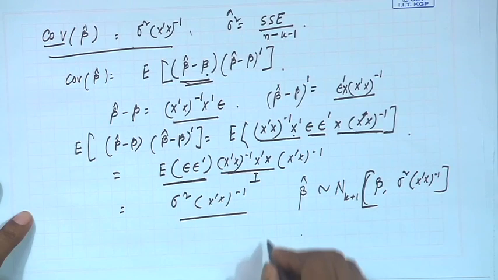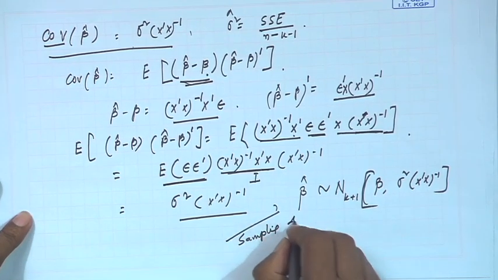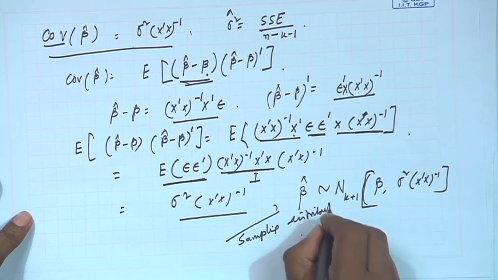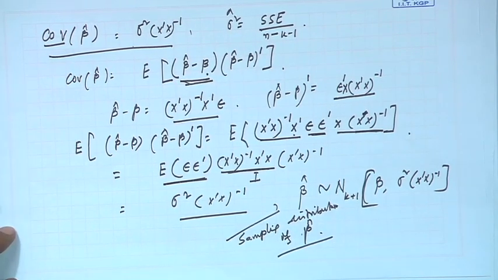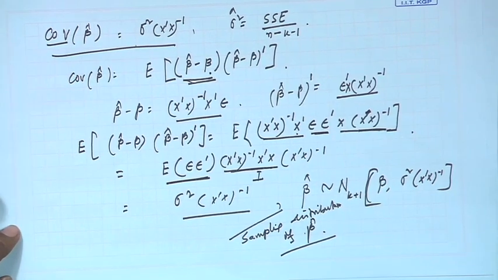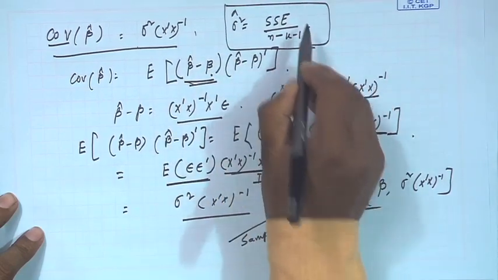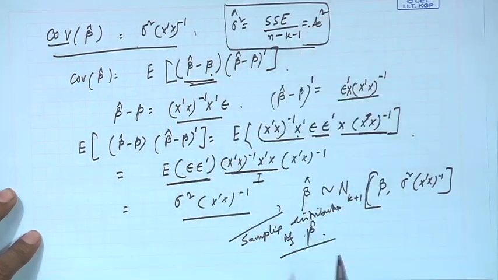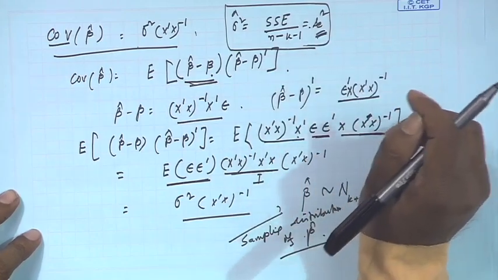This is known as the sampling distribution of beta cap. And I already told you that the estimate of sigma square is nothing but SE square coming out of the error terms.